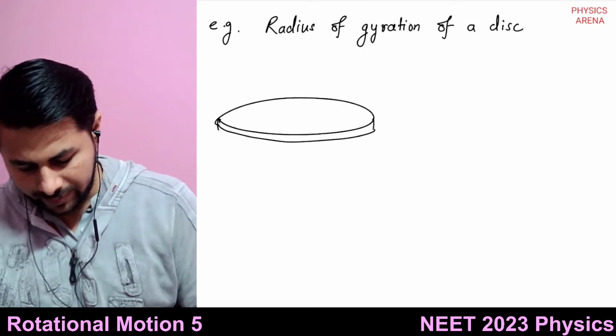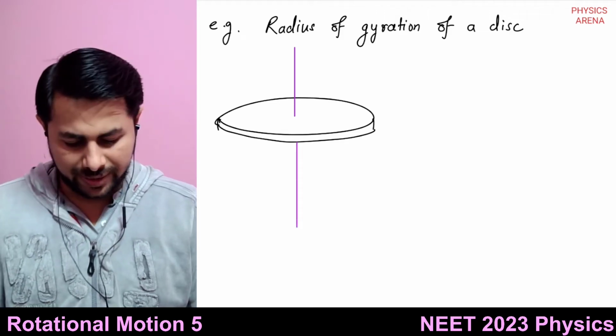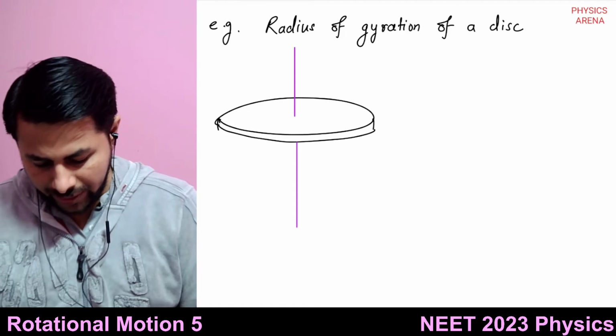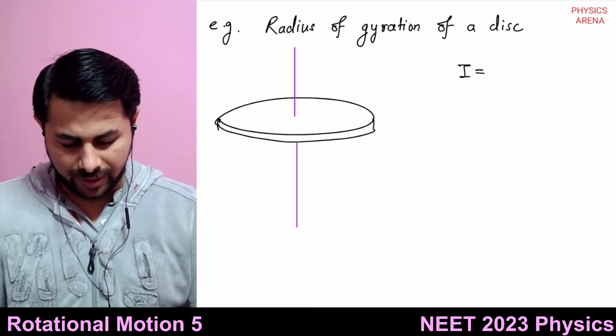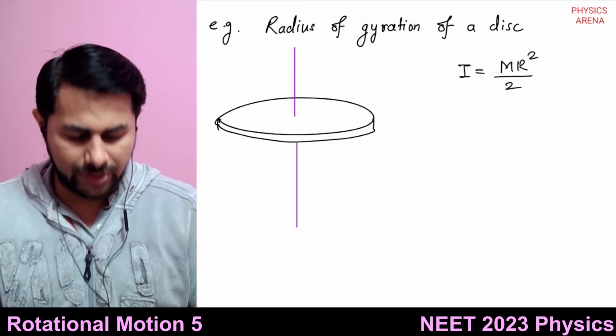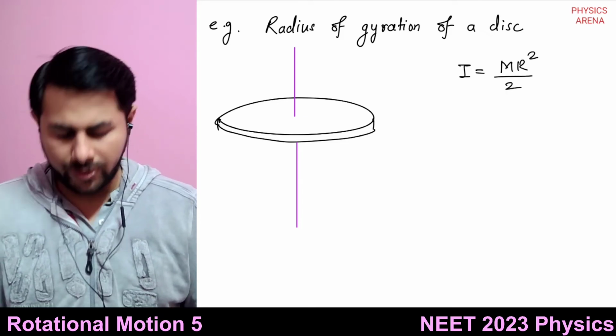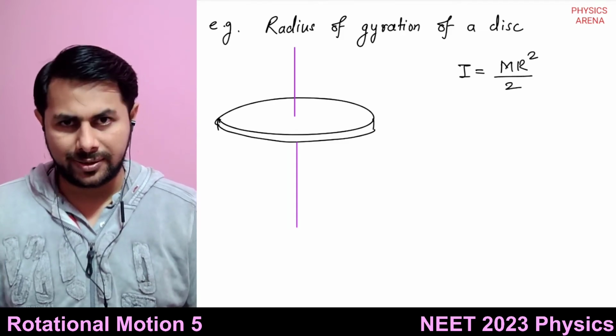So this is a disk. This is an axis which passes through its center of mass and is perpendicular to its plane. We know that moment of inertia of this disk about this axis is equal to mr square divided by 2. We know this. So what we'll do is we'll replace this disk by a point mass.